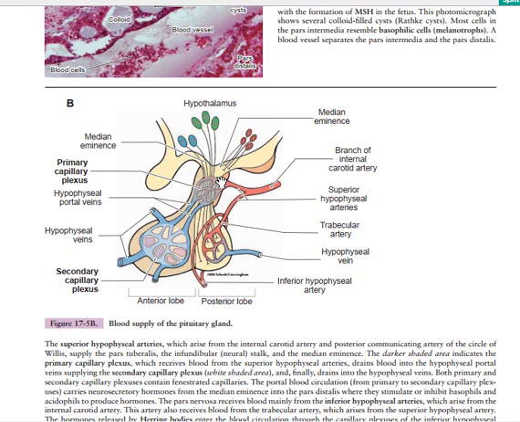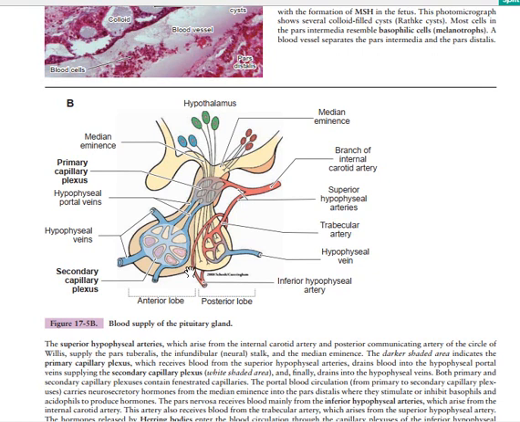So what connects the first capillary system and the second capillary system is the portal vein, the hypophyseal portal vein. And you need to know that there are only two portal veins in the body: the hepatic portal vein and the hypophyseal portal vein. The portal vein is defined as a vein that is connecting two capillary systems. Is it clear?